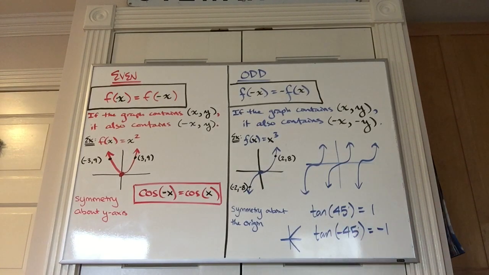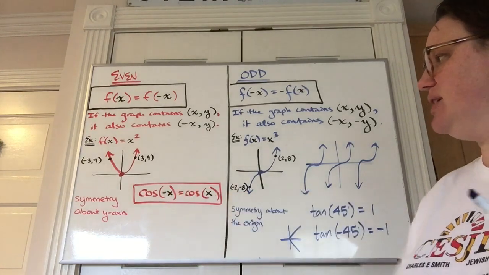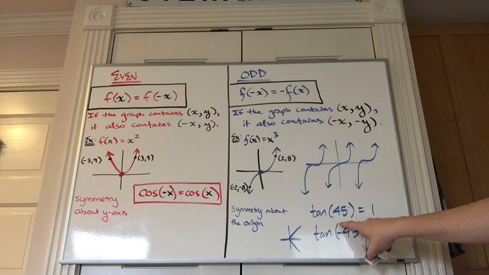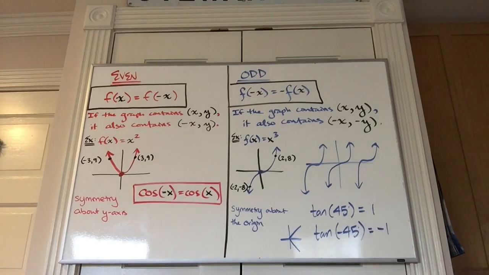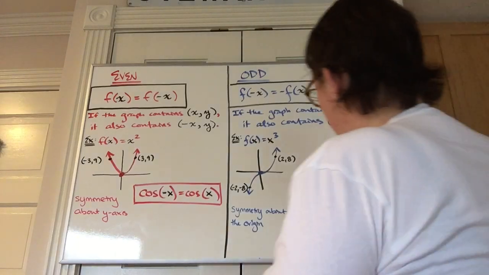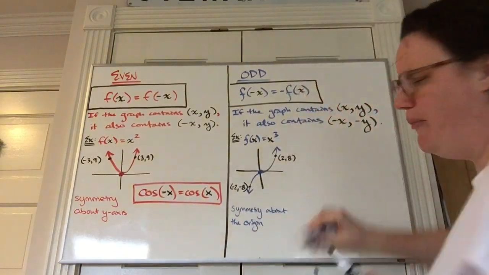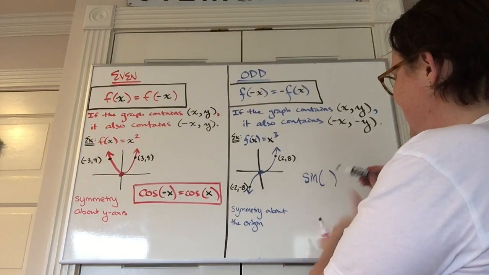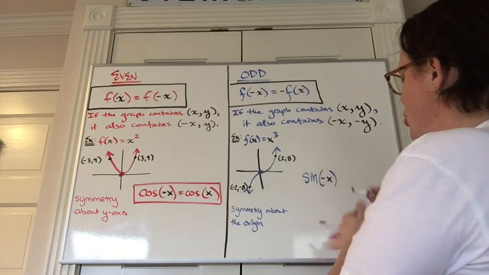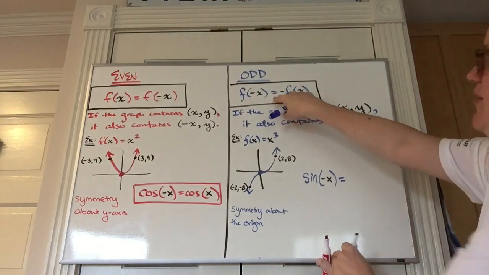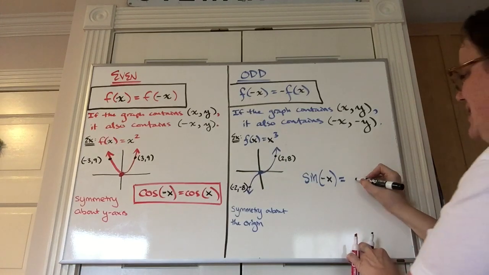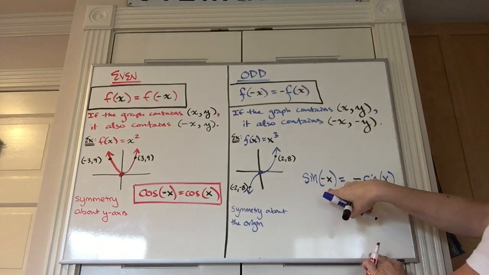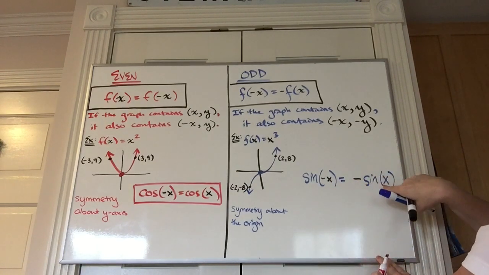So, whereas for cosine, if you have a negative inside cosine, it's exactly the same as if you had a positive inside cosine, it's clear that with sine and with tangent, if I put a negative inside the function, it makes the output negative also. How does that impact you? What it means is when you see the sine of negative x, you're going to want to rewrite it, like we have up here for the definition of an odd function, as negative sine of x. The sine of negative 30 is the negative version of the sine of 30.